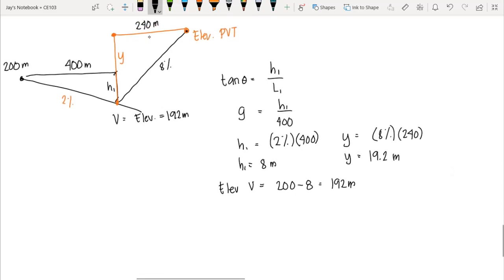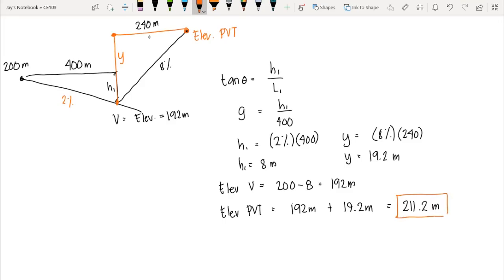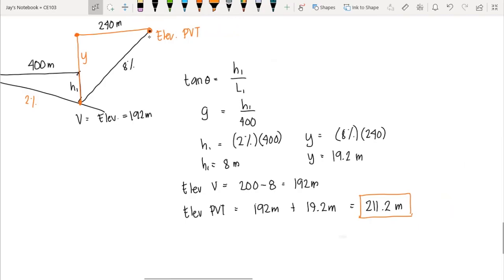So therefore, you would get the elevation of PVT is equal to 192 meters plus 19.2 meters. This would give you 211.2 meters. So this would be now the elevation of PVT. I just used the concept of trigonometry into this one.